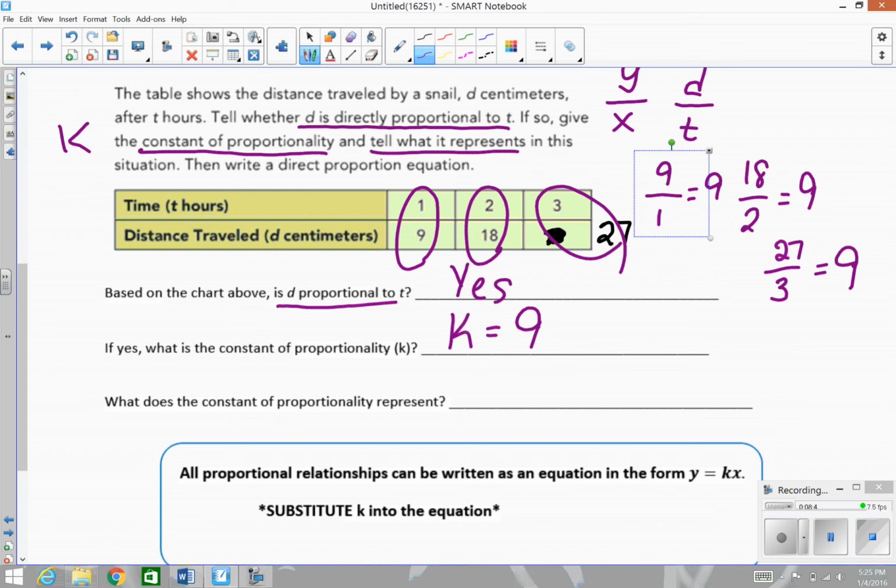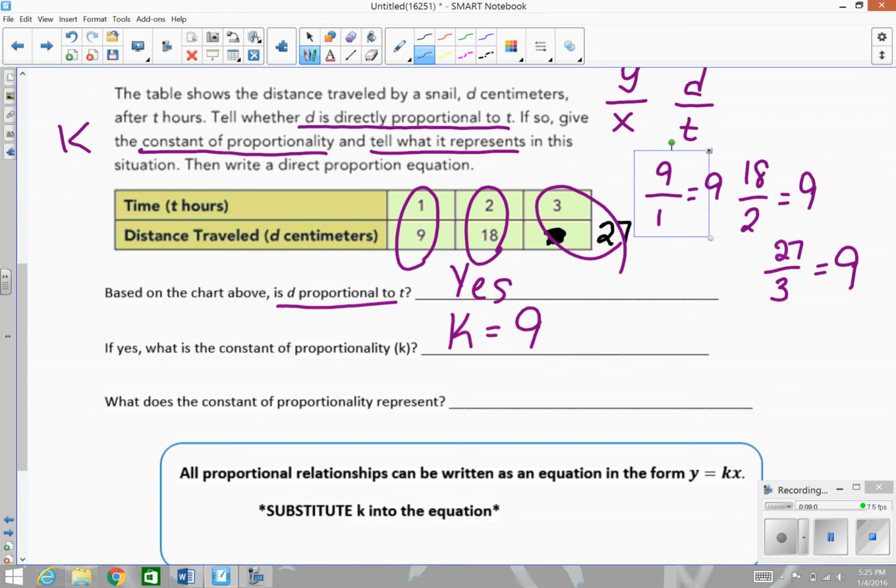What does this represent in this situation? Whenever you get that question, it shows up on tests a lot, where they ask what does this represent in the situation, or in the context of the question? They're asking you to connect the math back to the word problem. So what was this problem talking about? It's talking about a snail traveling over a certain number of hours.